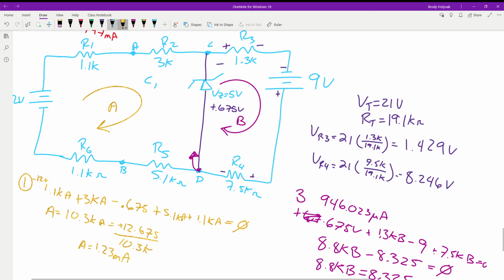If we have 1.23 milliamps coming into it, and we have 946.023 microamps going out of that node. Okay, there's our current.